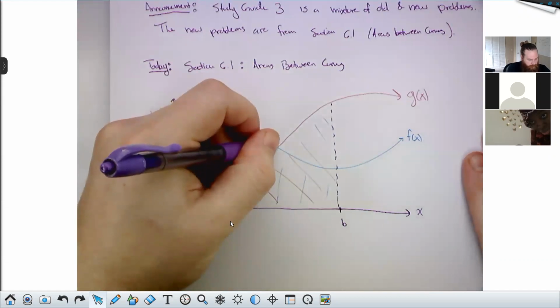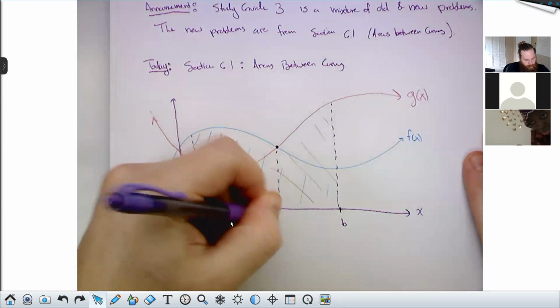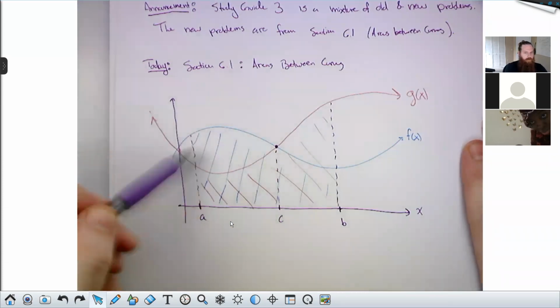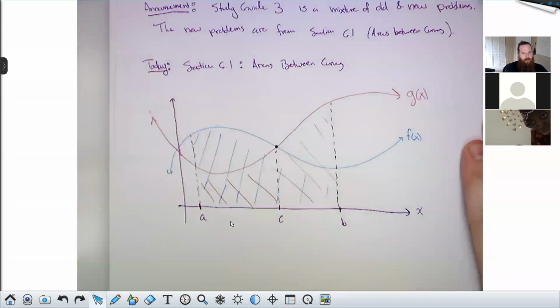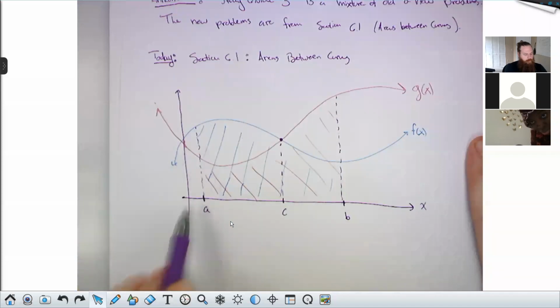This intersection point is special. I'm going to mark that as c. The area between the 2 curves is this area here, which is just blue, and this area here, which is just red. If I want to get the area, let's just look from a to c.